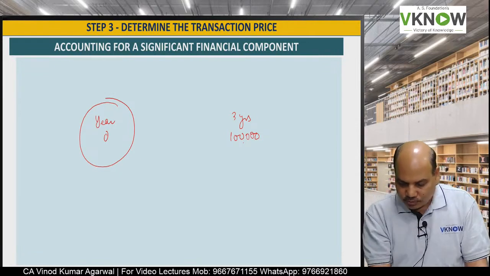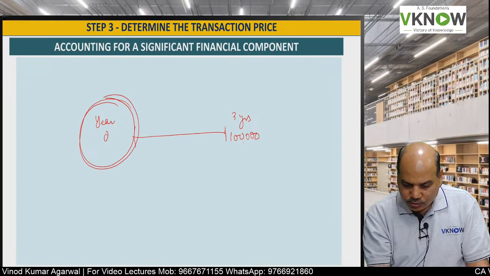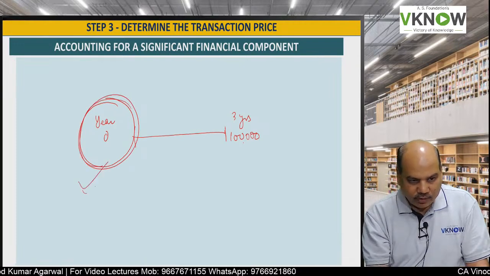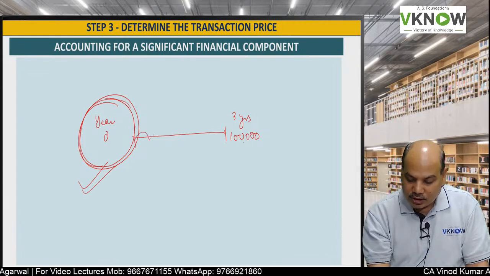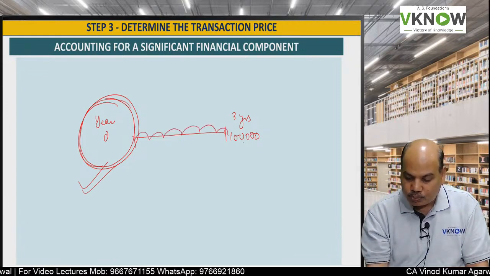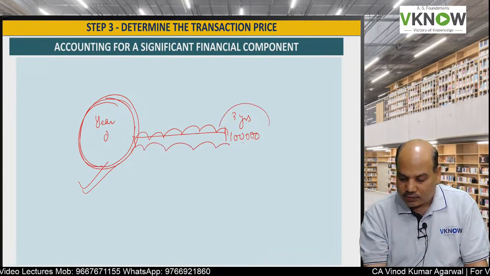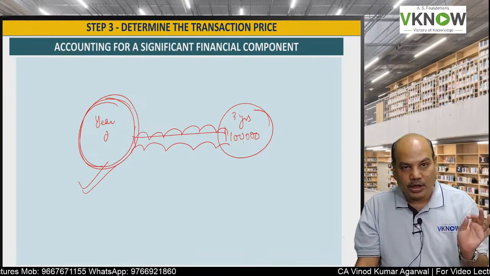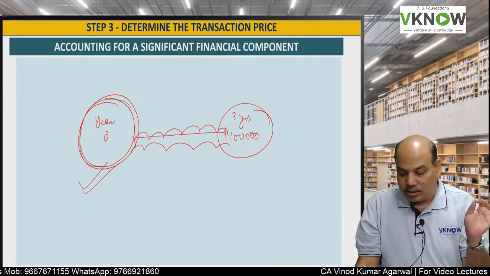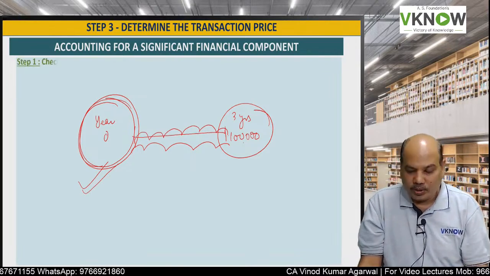The answer is no, because if somebody wants to buy today, he will not pay 1 lakh, he will pay less than 1 lakh. There is a significant financing component involved. It involves interest for 3 years. So if the significant financing component is included in the transaction price, we need to adjust the revenue to be recognized.